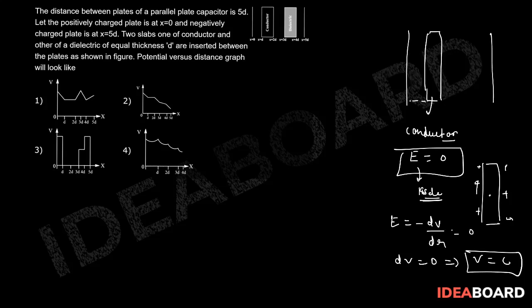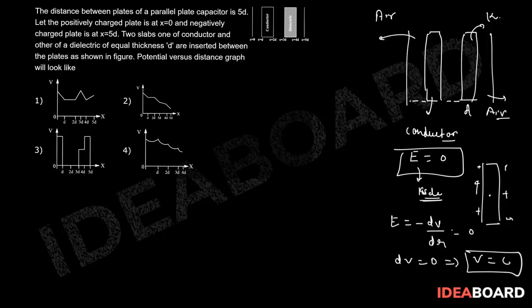Now this is the part where air exists, and from 3D to 4D we introduced a dielectric slab of constant K, thickness D, and then again we have air. So like that the capacitor is developed.